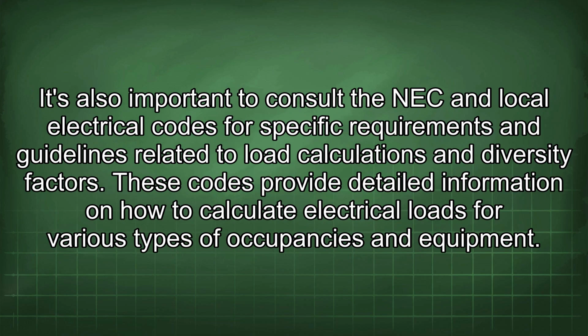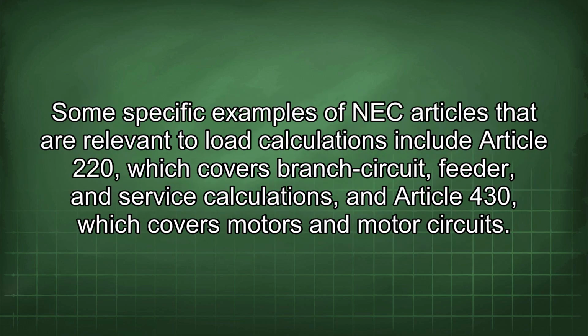It's also important to consult the NEC and local electrical codes for specific requirements and guidelines related to load calculations and diversity factors. These codes provide detailed information on how to calculate electrical loads for various types of occupancies and equipment. Some specific examples of NEC articles that are relevant to load calculations include Article 220, which covers branch circuit, feeder, and service calculations, and Article 430, which covers motors and motor circuits.